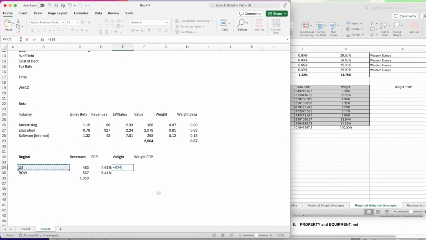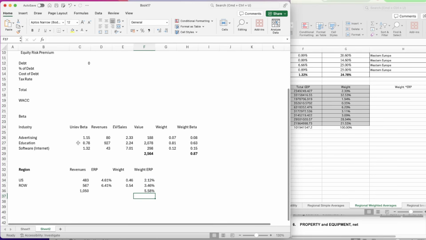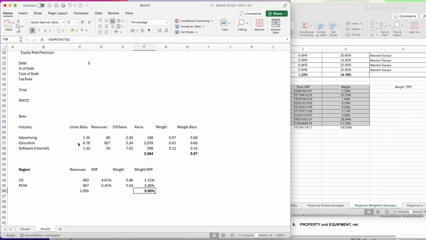So the weight, I mean, we already know the weight because we decided them. 5.58%. F36.